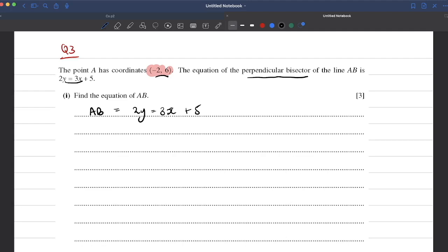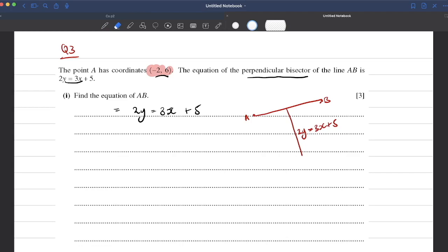So if I draw it, if we have a point A and a point B, there's a straight line between these points. This is simply the setup. It's telling us to find the equation of AB. We have the perpendicular bisector, so we have the equation of this. We don't have the equation of AB.